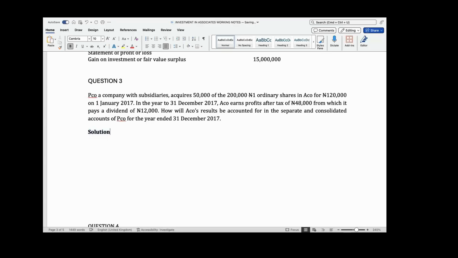Good question. If you look at this question, they didn't tell us the holding. They just said that he acquired 50 of 200. And it says that this is $1 each. You know that they can also tell us that this is 0.5. So whatever it is, since they give us the number of shares directly, it probably will not matter.